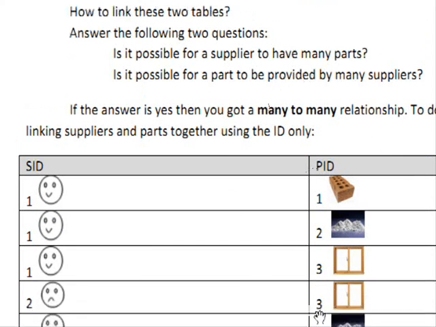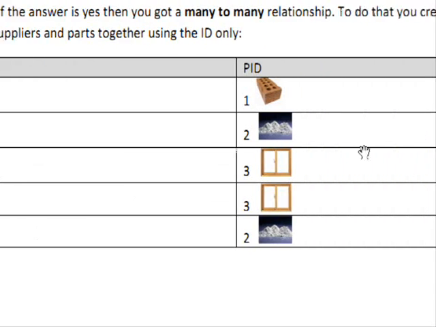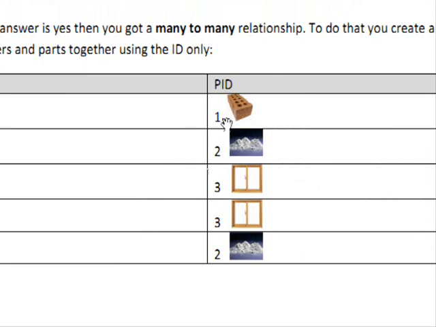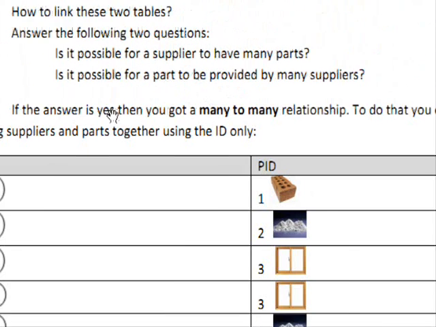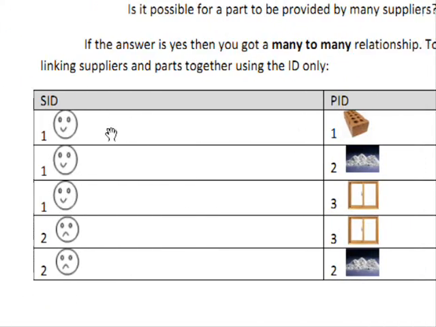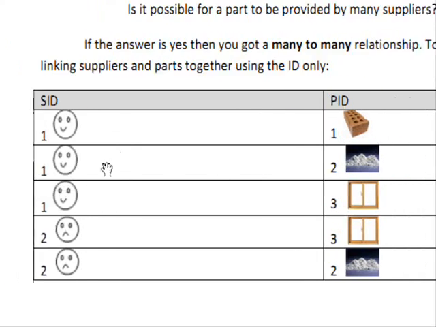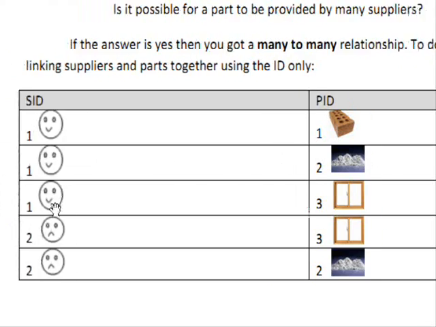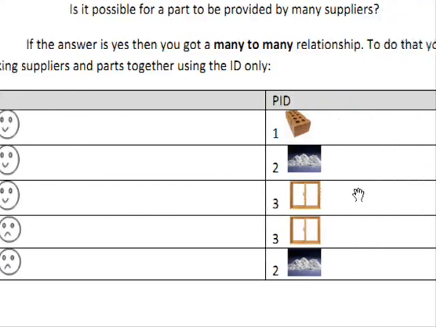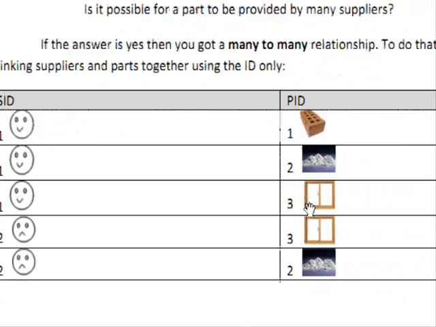In that case, you will use a 3rd table which will link them together. So here you use the primary key of the first table and the primary key of the second table, and that's all. Okay, so here you write 1-1, which means Smith is supplying bricks, and 1-2 means Smith is supplying cement, and 1-3 means Smith is supplying window frames, and so on.